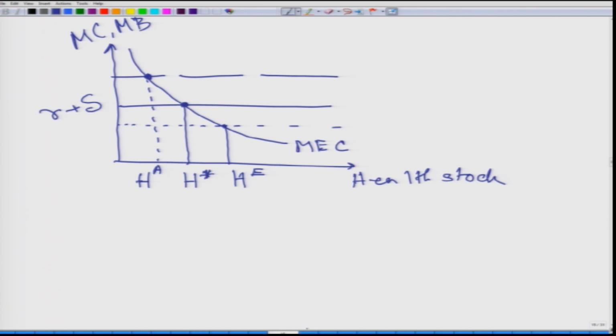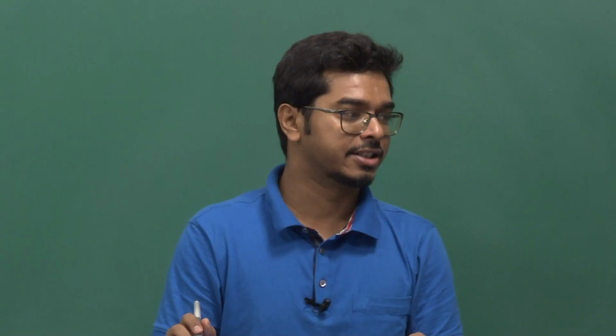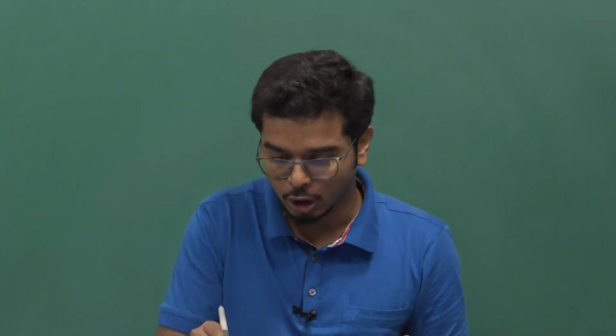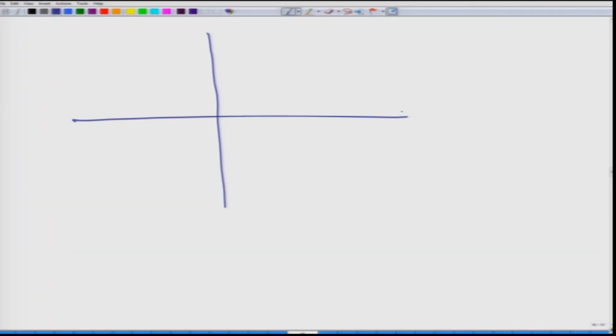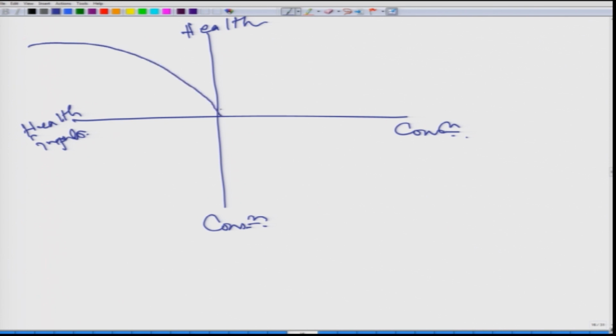And once we put them in a four-quadrant diagram, we can draw it like over here health, here consumption, over here consumption, and here health inputs. This is my production function.